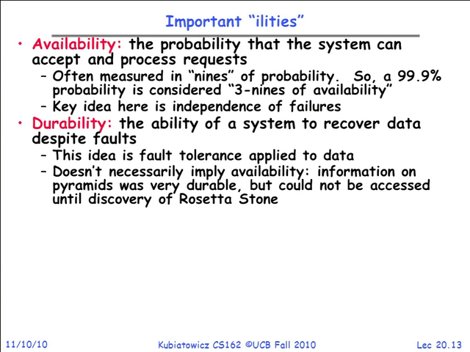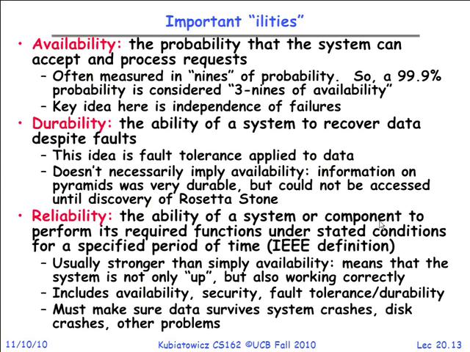Another one is reliability, and reliability is pretty much the metric you're probably most familiar with, which is basically the ability of a system to do what you thought it was supposed to do. This is actually a quote, the IEEE definition: the ability of a system or component to perform its required functions under stated conditions for a specified period of time.